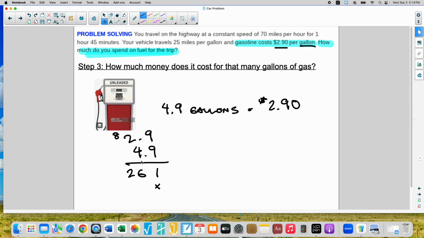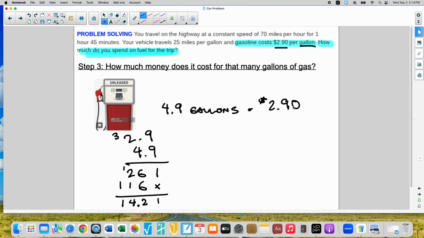We're going to move a place value over. 4 times 9 is 36. 4 times 2 is 8, plus 3 is 11. 1 plus 0 is 1. 6 plus 6 is 12. Carry the 1. That is 4 and 1. And we have 2 decimal places.